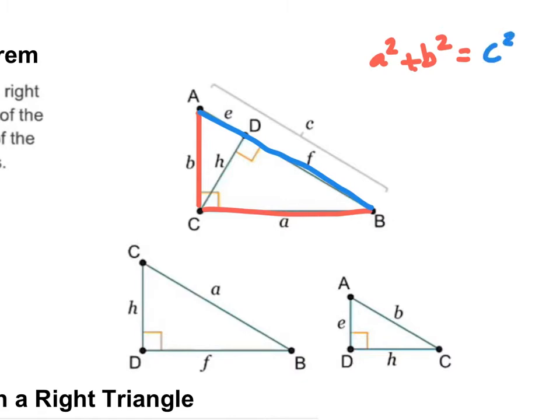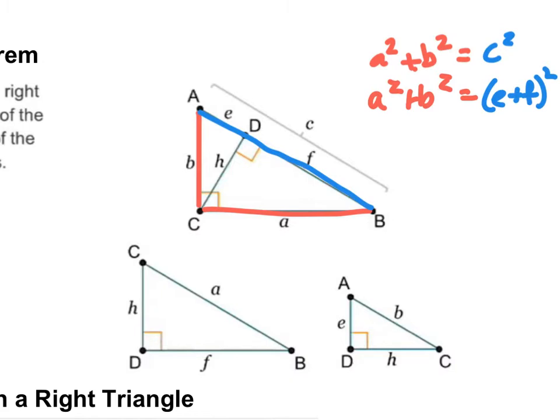Now, c can be rewritten as the quantity e plus f squared, okay? So you could say that a squared plus b squared is equal to the quantity e plus f squared, okay? That's one way of doing it.